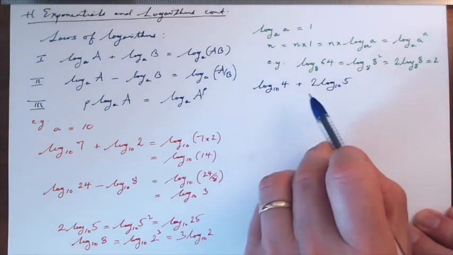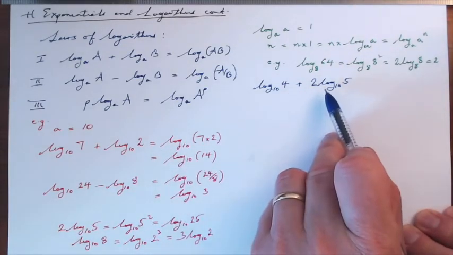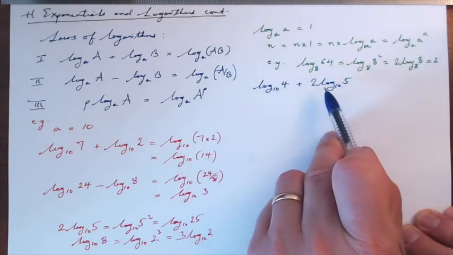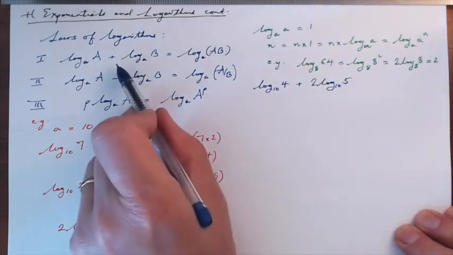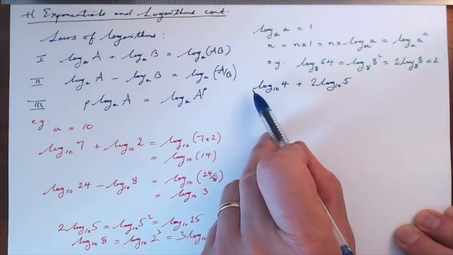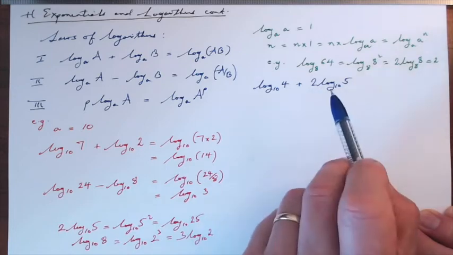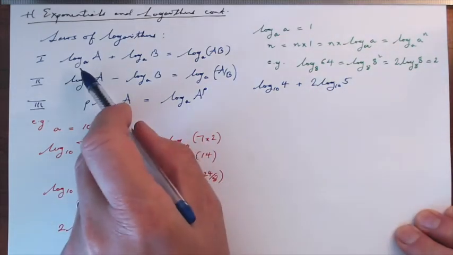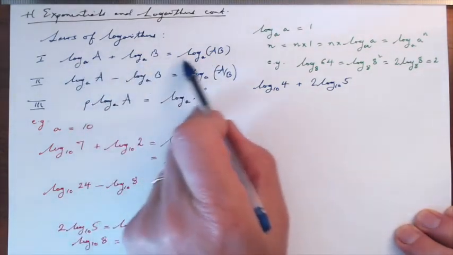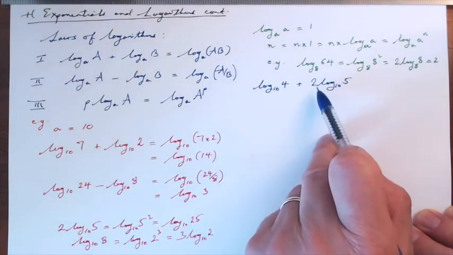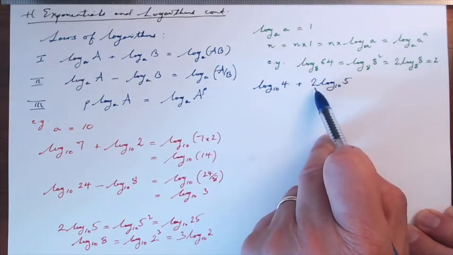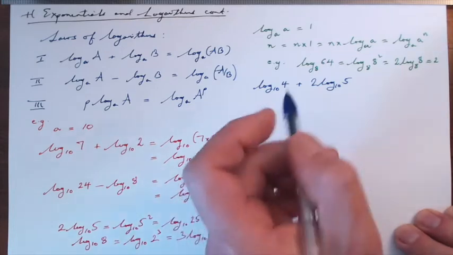So the first thing to recognize is that we can't directly concatenate these into a single logarithm because we have different coefficients before the two logarithms. So in order to implement this concatenation in the first law, we have to get rid of this 2 here, and we can do that by absorbing it into the logarithm.